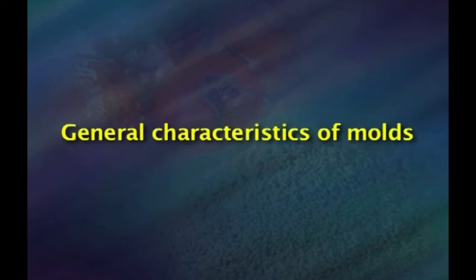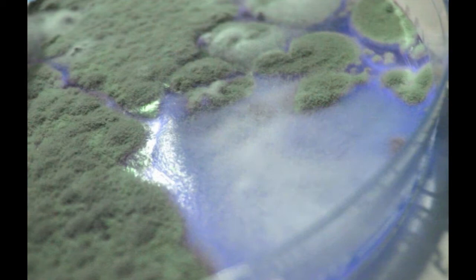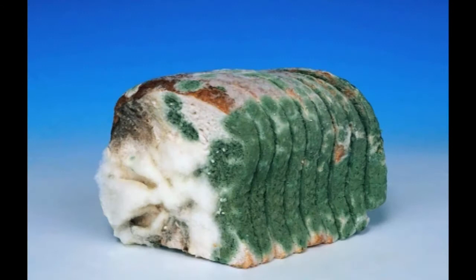Now we will learn about general characteristics of molds. Molds are non-motile, filamentous and branched. The cell wall of mold is composed of cellulose, chitin or both. The term mold is a common one applied to certain multicellular filamentous fungi whose growth on foods usually is readily recognized by its fuzzy or cottony appearance.